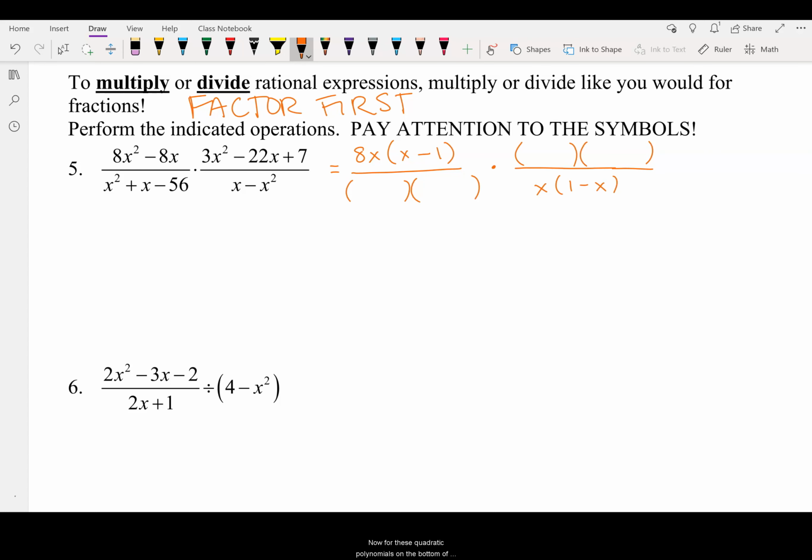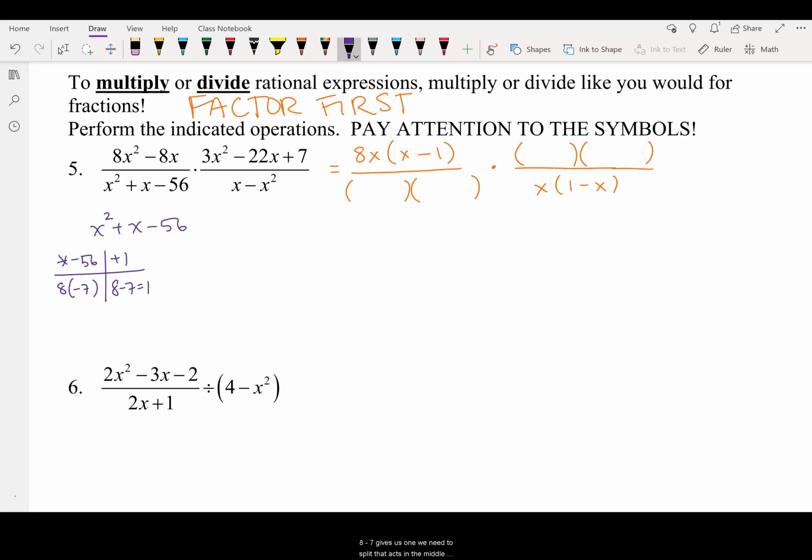Now for these quadratic polynomials on the bottom of the first rational expression and the top on the second, let's do these off to the side. x squared plus x minus 56. We can try to figure out what multiplies to be negative 56 and adds to be 1. And 56 is 7 times 8. So we could multiply 8 times negative 7 to get negative 56. 8 minus 7 gives us 1.